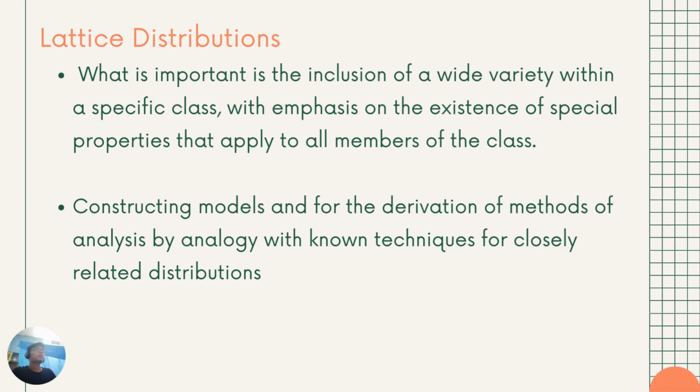What is important is the inclusion of a wide variety within a specific class, with emphasis on the existence of special properties that apply to all members of the class, constructing the models and further derivation of methods of analysis by analogy with known techniques for closely related distributions.